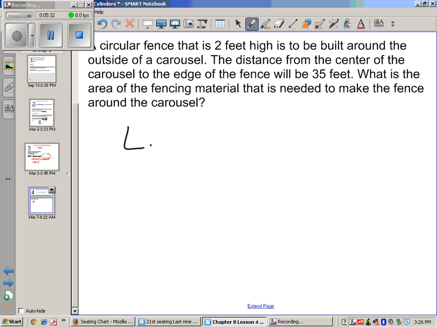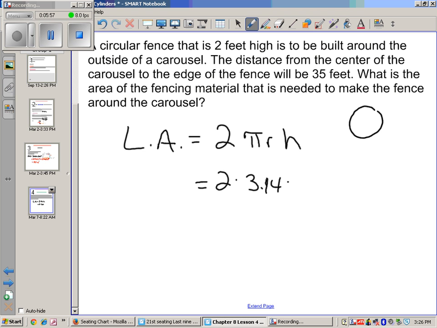So first of all, let's put down our formula for lateral area. Lateral area, or LA, equals 2 pi r h. And we're going to fill in with what we got here. We got 2 times pi, which is 3.14, times our radius, which is the distance from the center of the carousel to the edge of the fence. So let's imagine a carousel, and then the fencing going around it.